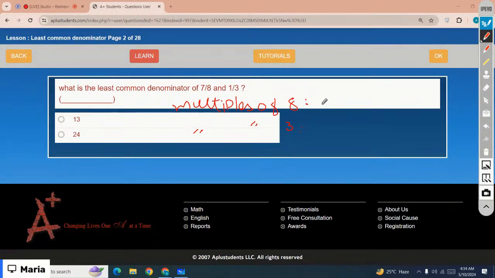So 8 times 1 is 8, 2 is 16, 3 is 24, 8 times 4 is 32, 8 times 5 is 40. 3 times 1 is 3, 2 is 6, 3 is 9, 4 is 12, 5 is 15, 6 is 18, 7 is 21, and 8 is 24. So here is the least common denominator, that is 24. So the correct option is 24, right?